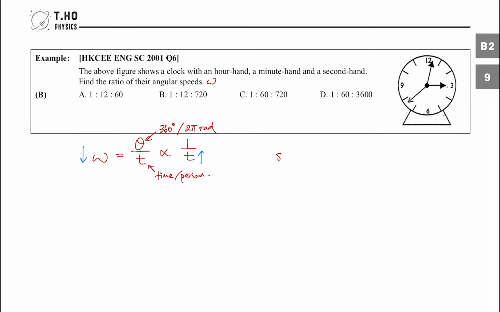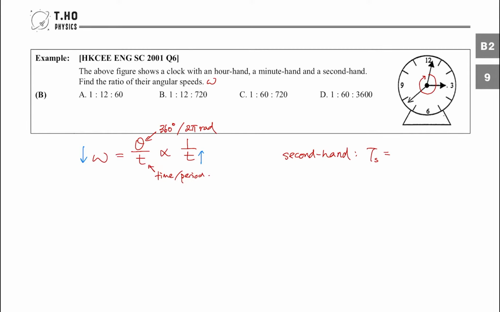So the second hand, let us consider the second hand. How much time does it need for the second hand to complete one cycle? Think about that. To complete one cycle, a second hand needs 1 minute, 60 seconds.